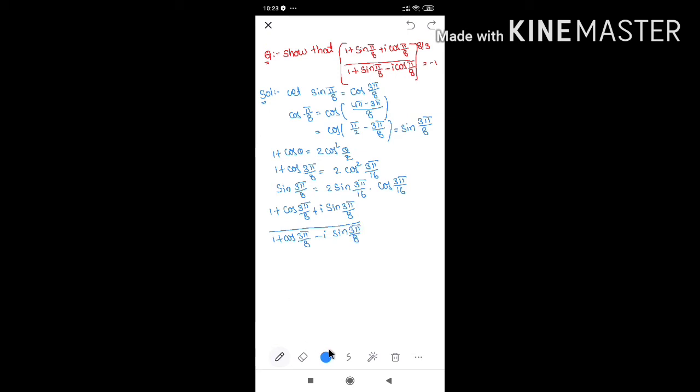Here we already have the formula of 1 plus cos 3 pi by 8, that is 2 cos square 3 pi by 16.